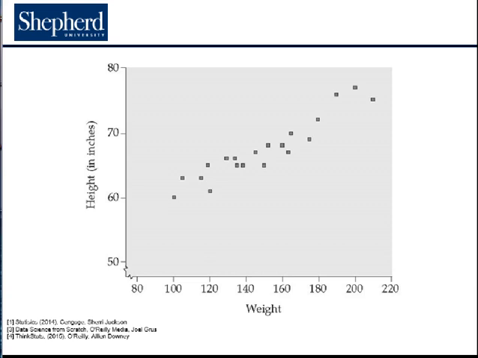The slope m is calculated from the Pearson coefficient, and it's equal to the Pearson correlation coefficient times the standard deviation of y divided by the standard deviation of x. The y-intercept, b, is equal to the average y value minus m that we just calculated times the average x value. And then we get all the elements we need for our equation, y equals mx plus b.